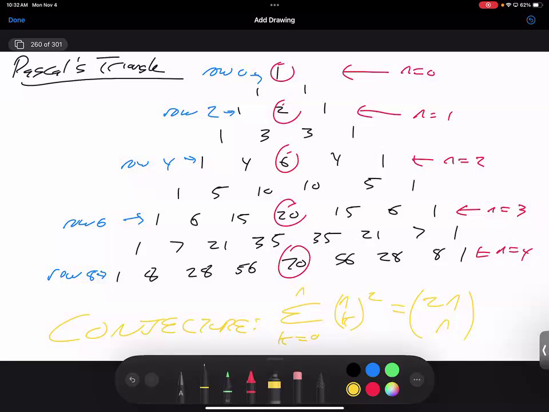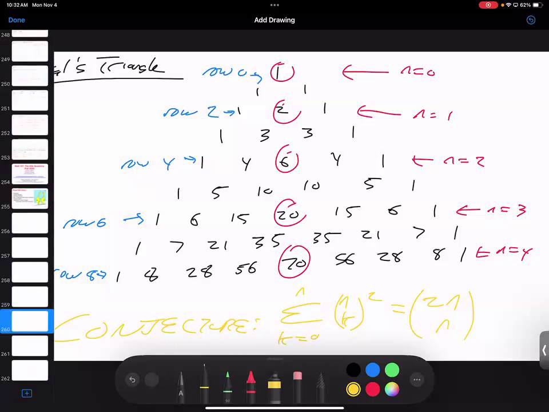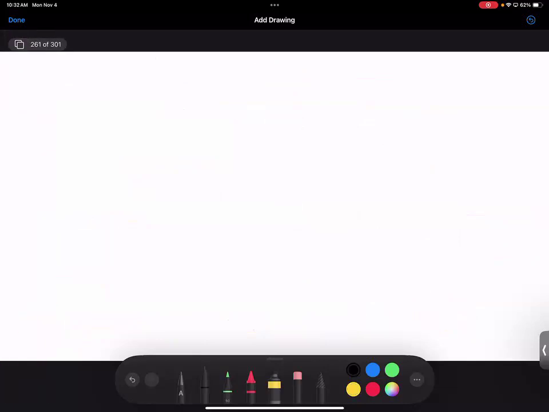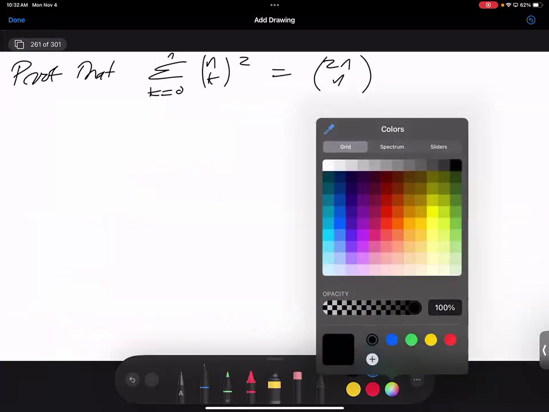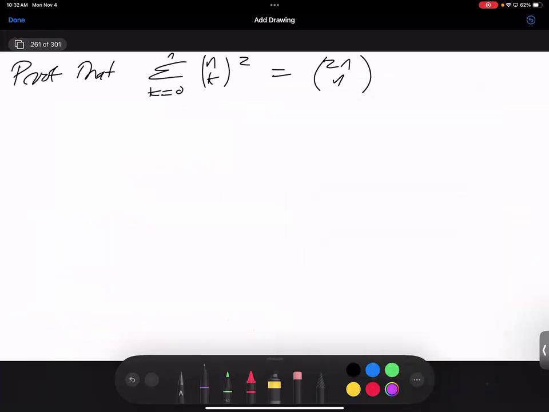All right. So now how do we prove this? Proof that the sum, k goes from 0 to n, of n choose k squared is 2n choose n. And remember, a long time ago, I said we have n from Williams, and we have n from the Amherst Harvard Michigan Consortium.